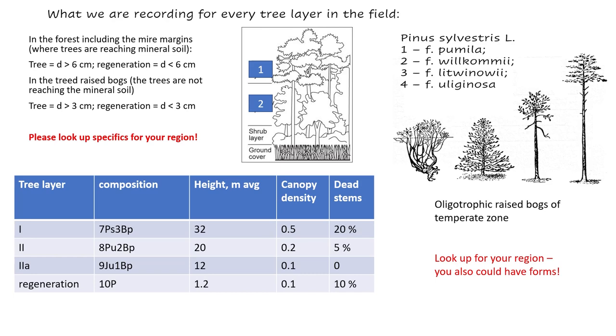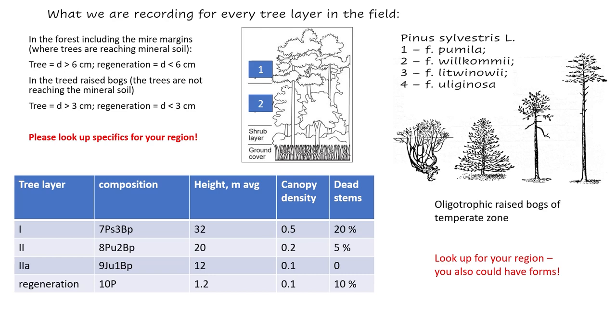Then comes the form Wilhelmi, which is a shrubby form, and then comes the forma pumila, when the sphagnum on top of the peatland is growing so fast that it is eating up the pine, and the pine is represented on the surface only by small branches, doing its best to grow as fast as possible.